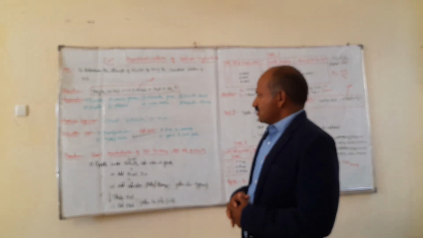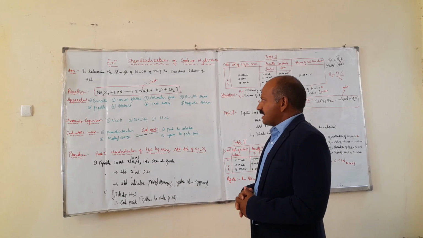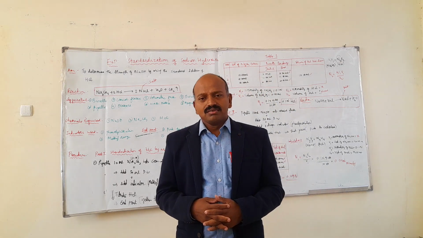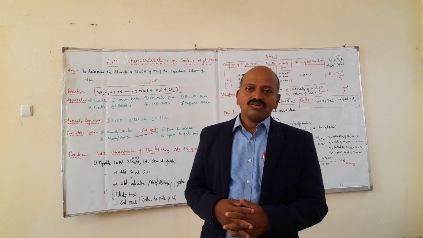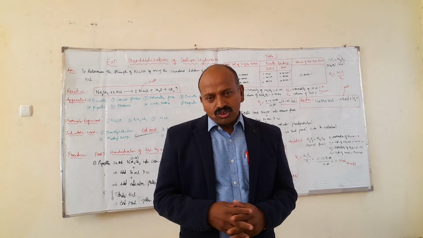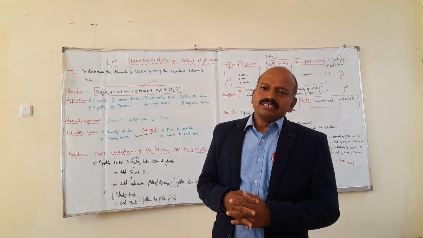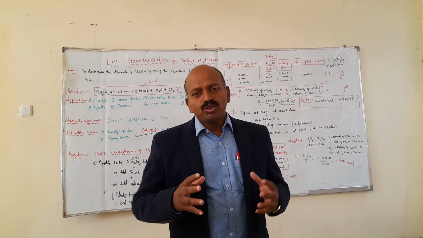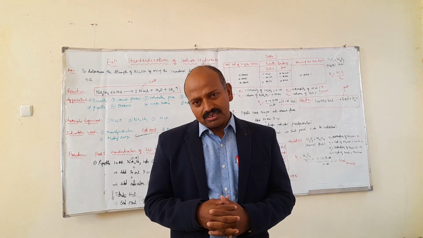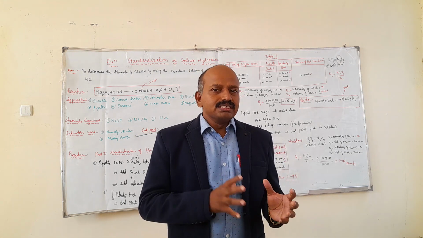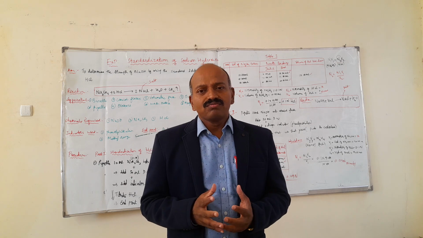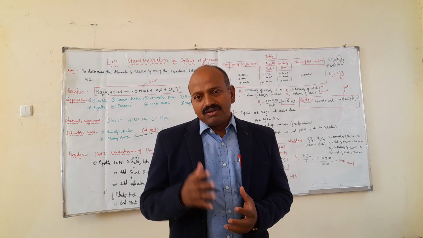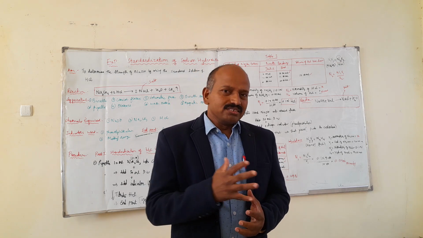Now part 1, the standardization of hydrochloric acid by using a standard solution of sodium carbonate. If you want to find out the strength of sodium hydroxide, we must know the strength of hydrochloric acid.